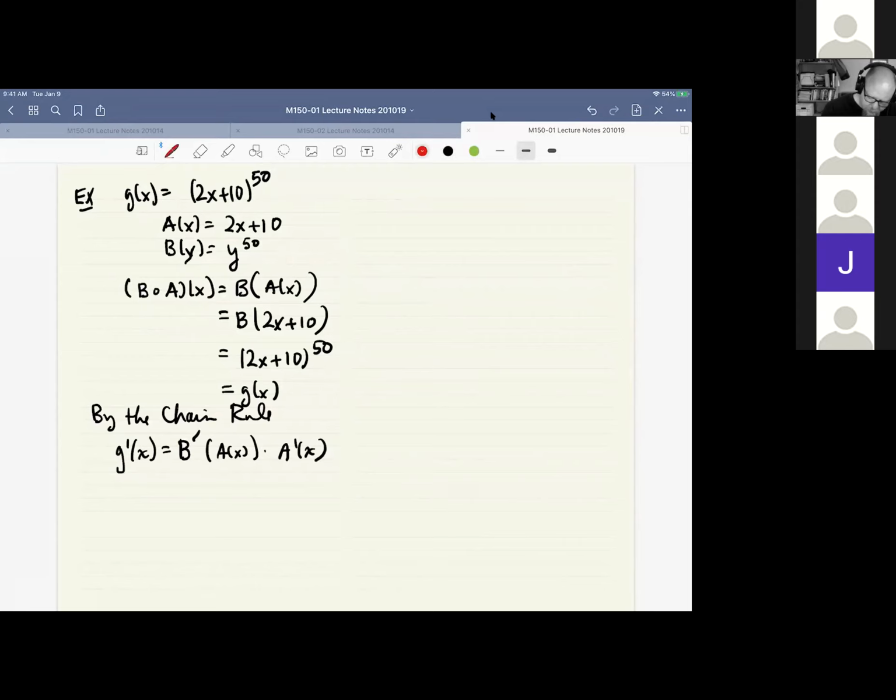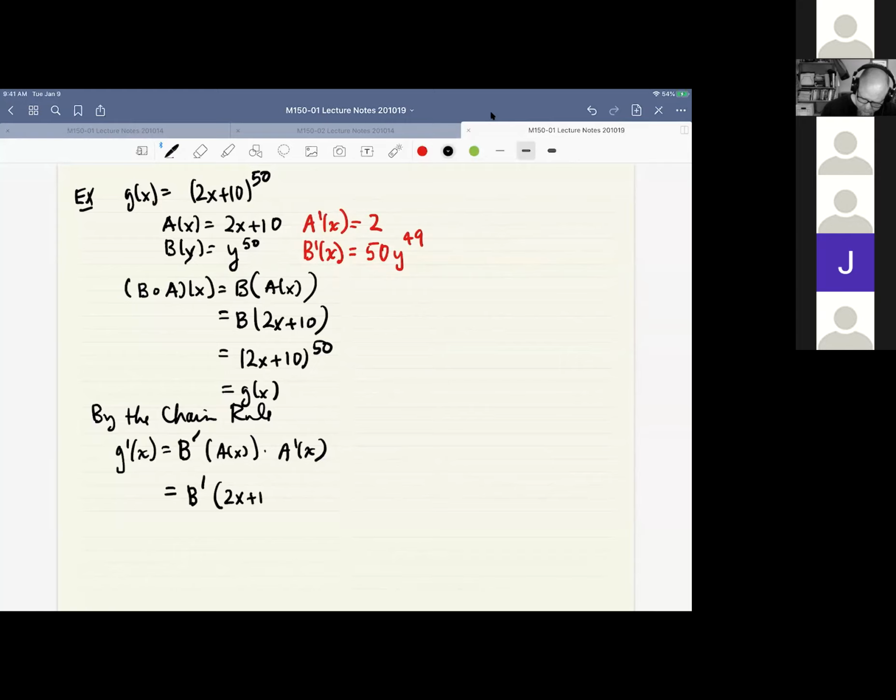So if I look back up where I defined b and a, you can see that the derivative of a is just 2. And you can see that the derivative of b by the power rule is 50 times y to the 49. So down here, I've got b prime at a, and a is 2x plus 10.